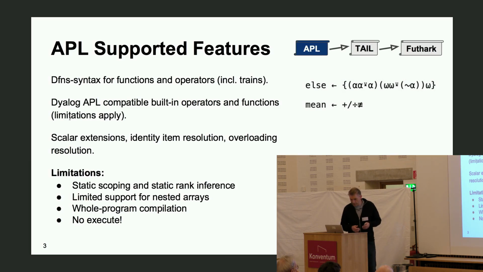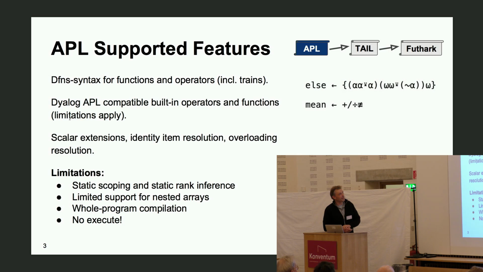So let me say a little bit about what features are supported here. We have to not take the entire Dyalog front end and support that. So what we have focused on is to say, well, if programmers really write using this dynamic function syntax, then you can actually do a lot.